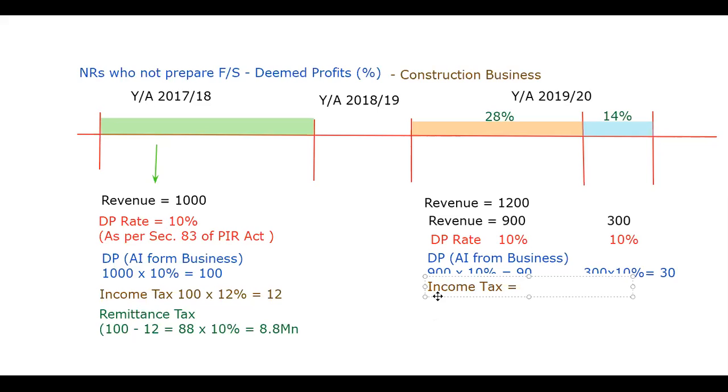The income tax applicable for this construction business is 28%. 90 into 28%, how much? Yes, 25.2.